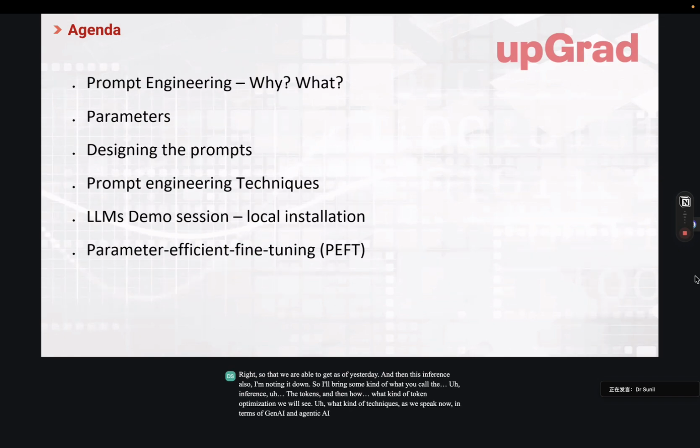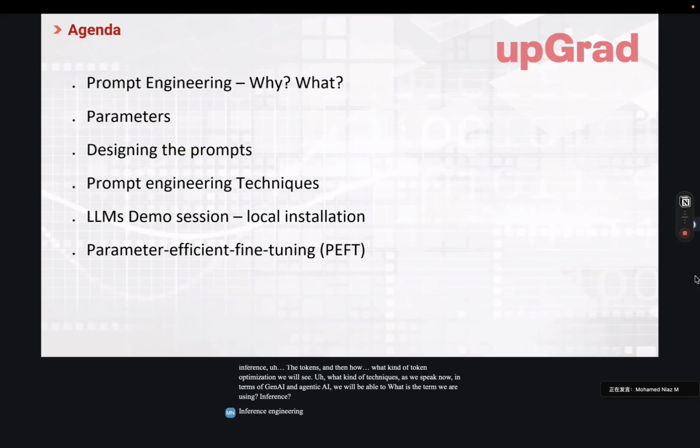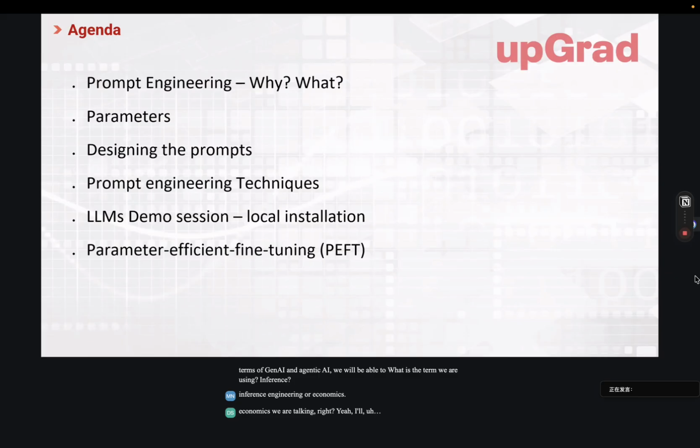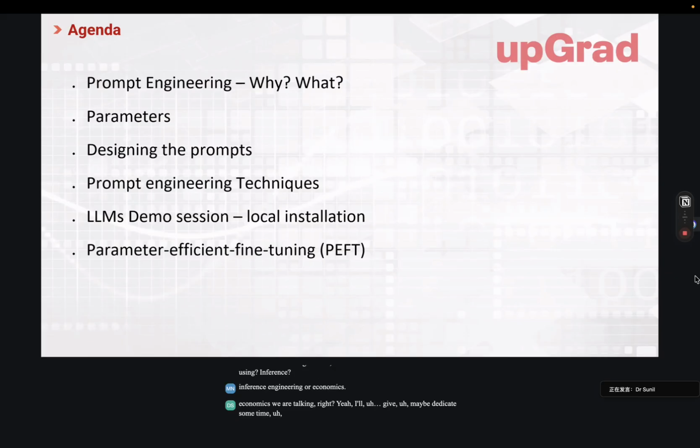What is the term we are using? Inference engineering or economics, right? I'll dedicate some time after covering these fine-tuning techniques. Sure, okay, that will be helpful, definitely.